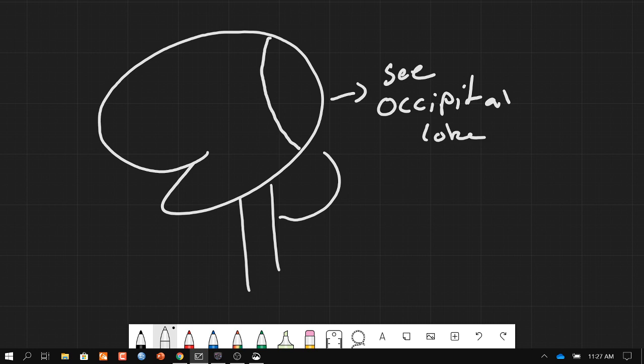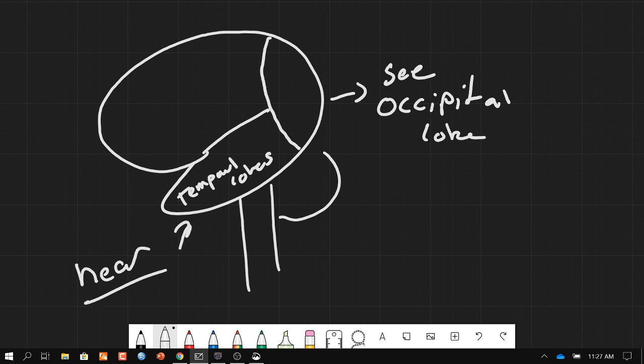Okay. So now, the side of your brain right by your ears is called the temporal lobes. The temporal lobes is where you hear. But your left and right don't hear sound from left and sound from right.